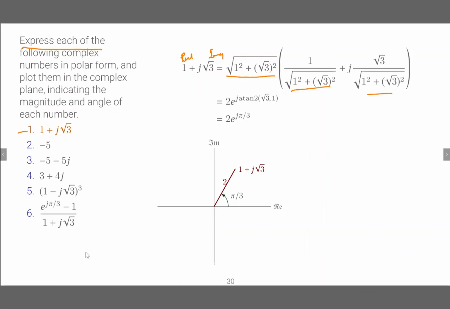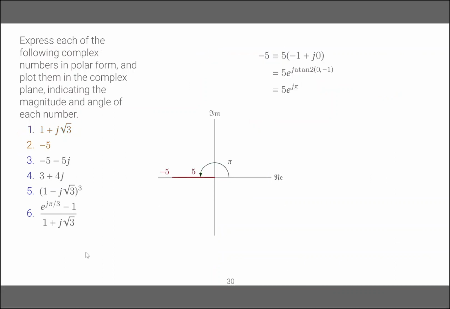Then the magnitude is actually 2 here, and the angle can be found as atan2 of square root of 3 comma 1, which turns out to be pi by 3. So 2 e to the power of j pi by 3. So you can see its magnitude is 2, angle is pi by 3. So I have written the complex number over there.